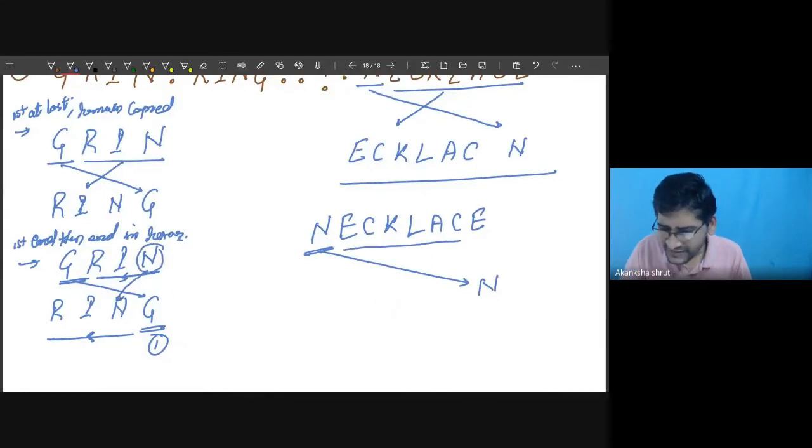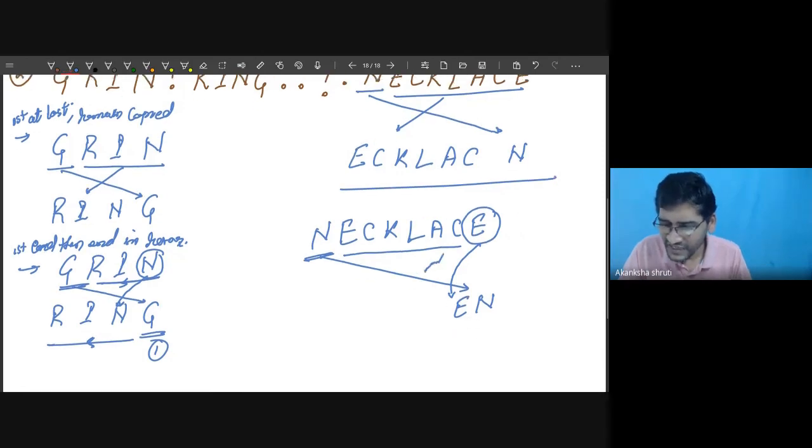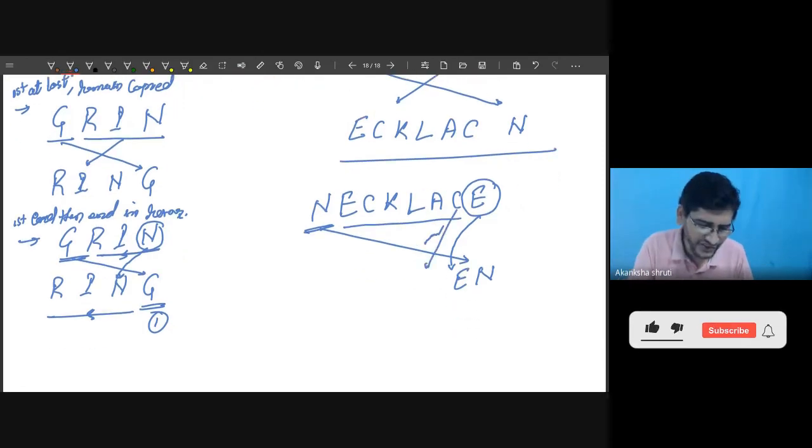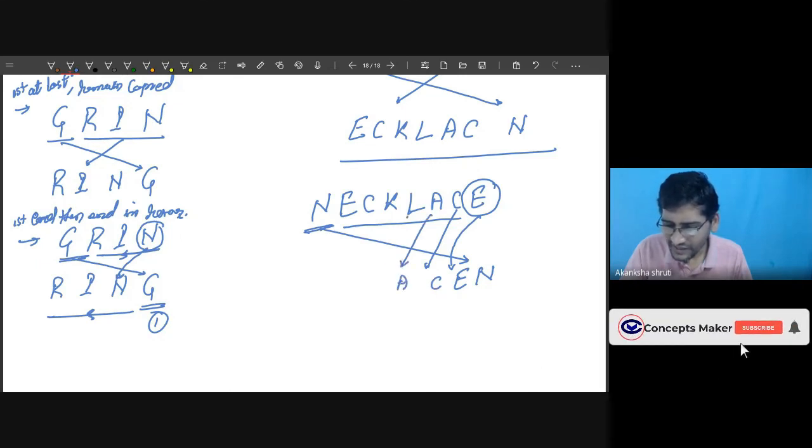So this remaining set, last we need to keep before this N. So keep it before N. So it becomes E. Then this C even before this. It is expected we will get the same result. C, A, L, K, C and E.